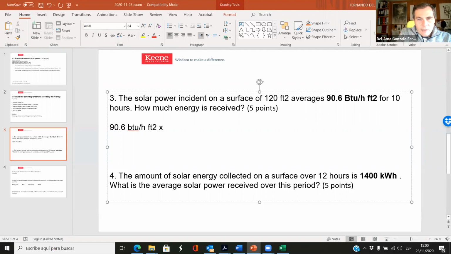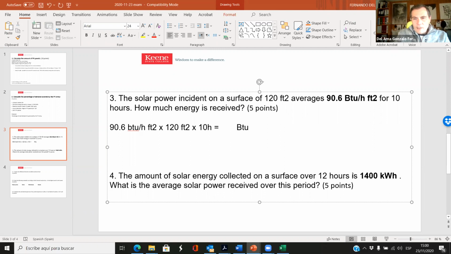Then we have to multiply times the area, 120 feet squared, and then multiply this times 10 hours. So that would be 90.6 times 120 times 10, and units are important. If we are talking about energy, units are BTUs. Don't forget that. And then what is the amount of solar energy collected?